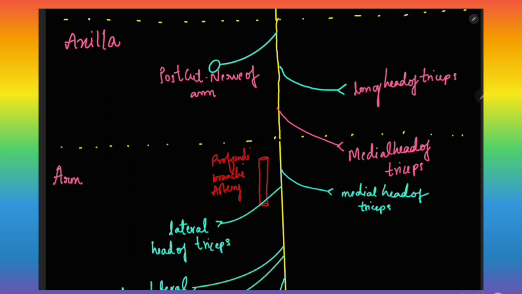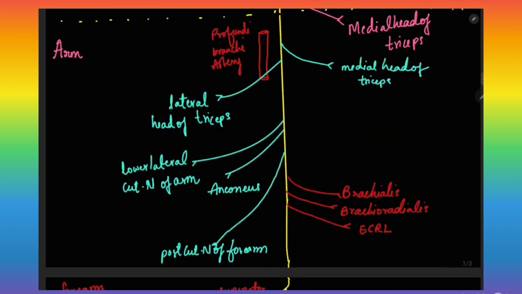If there is an injury in the region of elbow, then triceps is not involved, so there is no flexion of elbow, and weak extension at wrist can be seen because the extensor carpi radialis longus was already supplied before the level of lateral epicondyle, right?